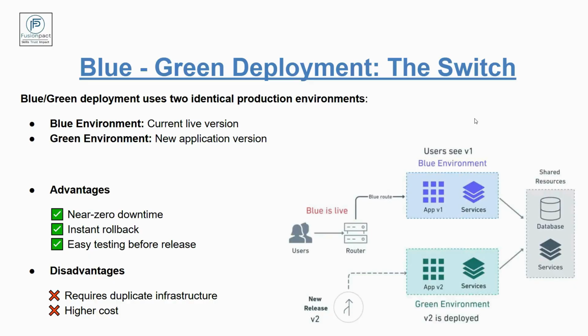The first is blue-green deployment. Blue-green deployment uses two identical production environments. The blue environment is the one currently running our application, and the green is the new version where we are updating our new features. We deploy the new application to the green environment and test it completely.